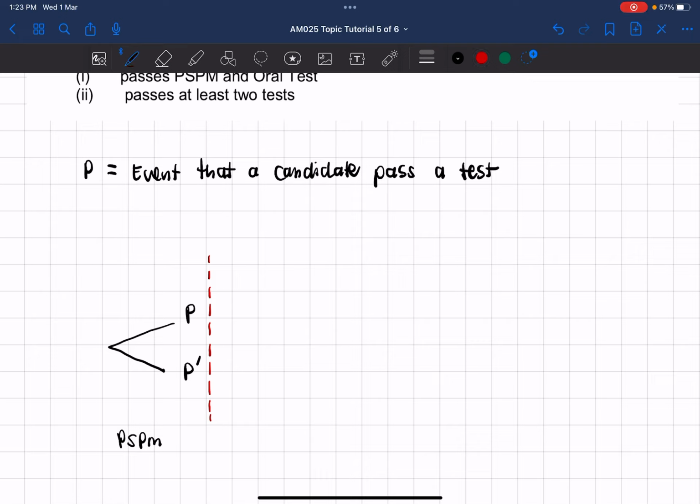For the second test, which is MUAT, we have the same, where either he or she is going to pass the test or fail the test. Another branch is the same.